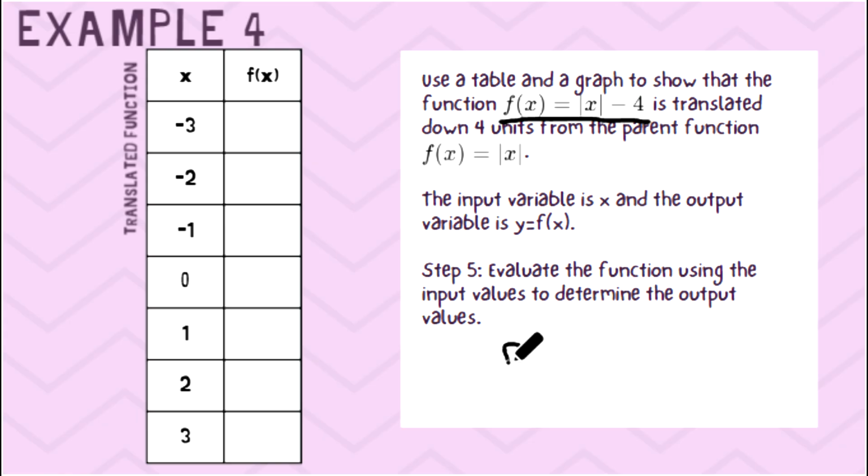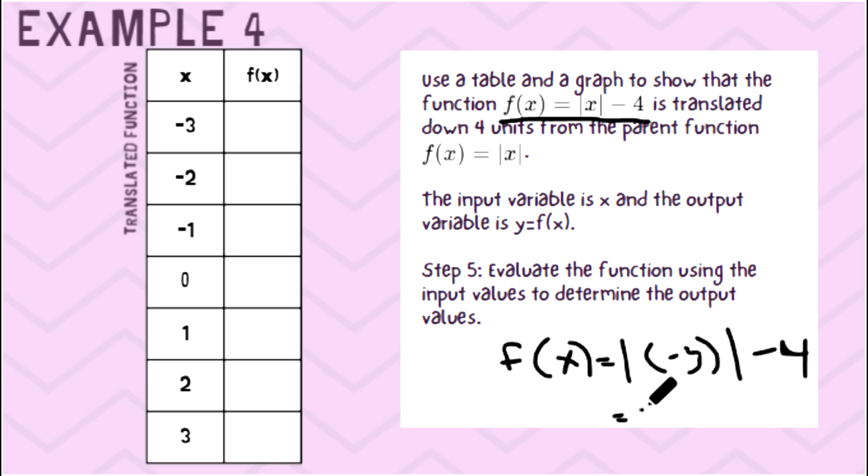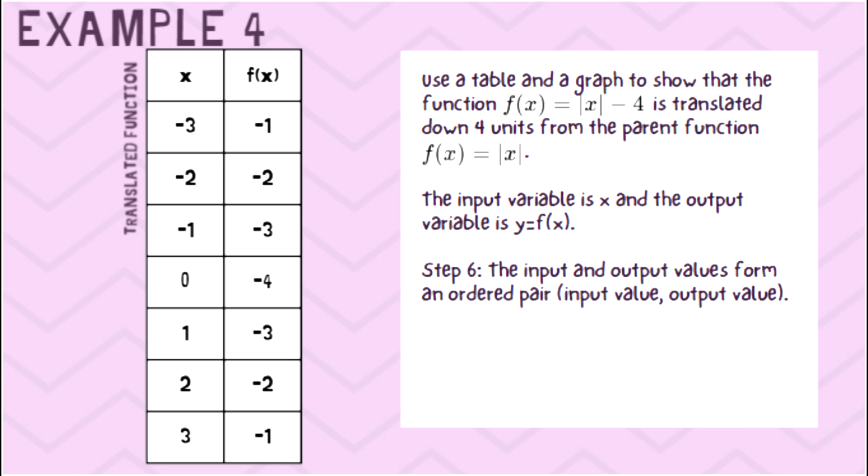So we're going to have f of x is equal to the absolute value of our first coordinate, which is negative 3, minus 4. The absolute value of negative 3 is positive 3. 3 minus 4 gives us negative 1. You would do that same process for this whole table, okay? There's all of our coordinate points.